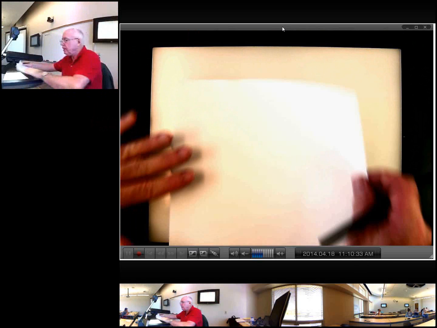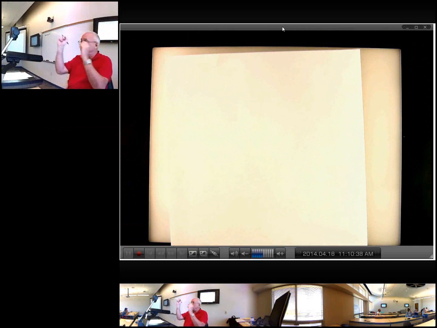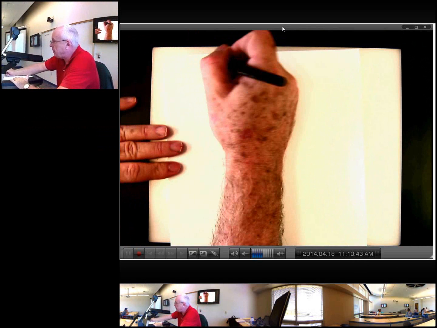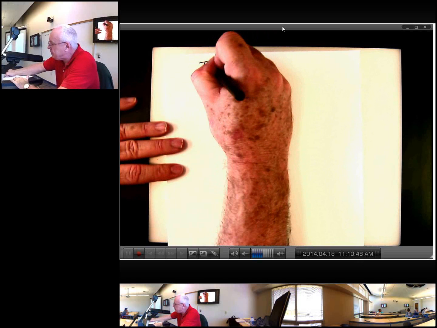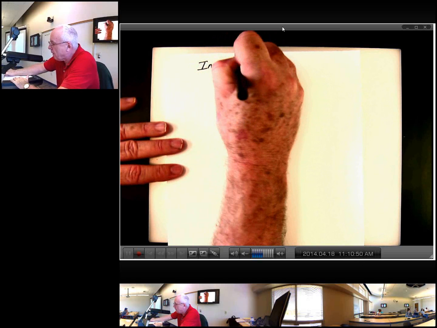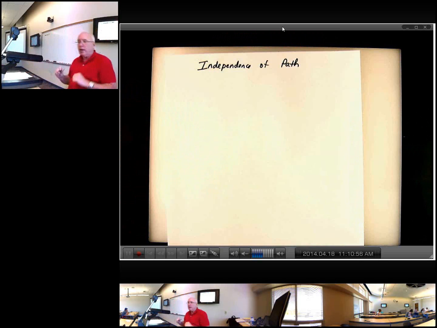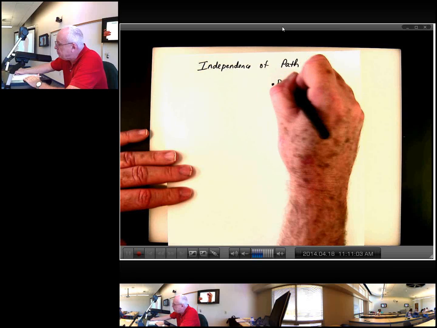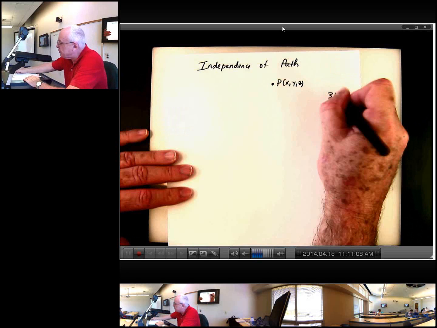Now, the fact that all we need here are the two endpoints leads to this next concept. The concept here is called independence of path. So if this theorem applies, say we have a point here, let's call it P of X, Y, and Z. So we're talking about 3 dimensions here.